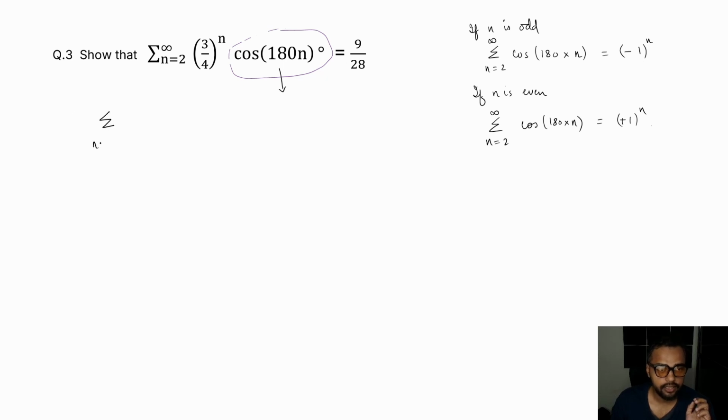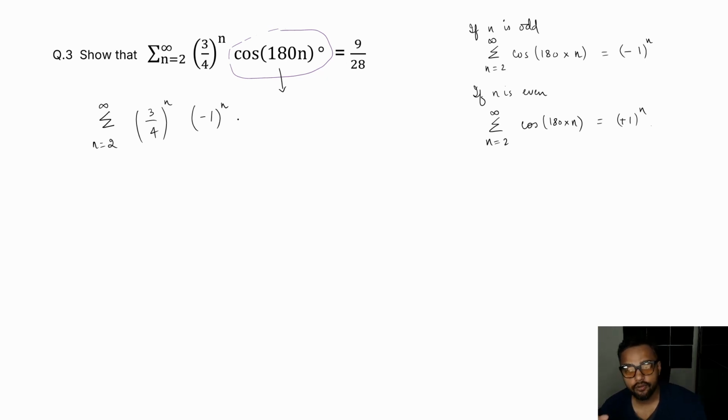So can we write sigma n equals to 2 to infinity 3 by 4 raised to the power n, this part, as negative 1 raised to the power n. Even if you want to write positive 1 raised to the power n for n even, you can write it, but the value of positive 1 raised to the power n will always be 1, so we are not mentioning it here, and we will be mentioning only negative of 1 for n odd.